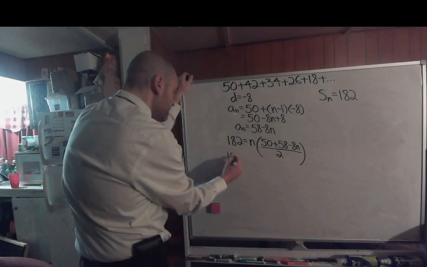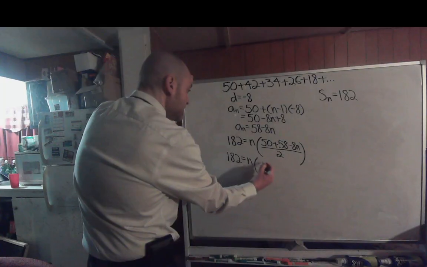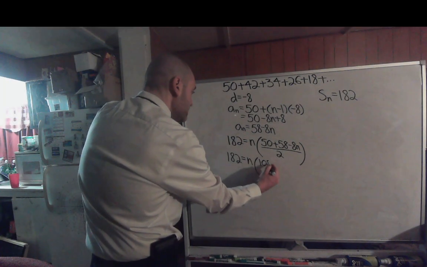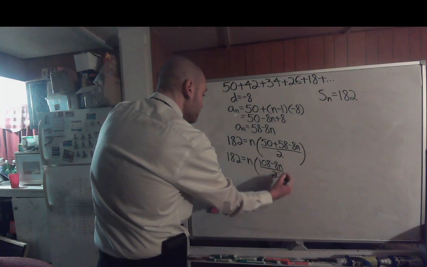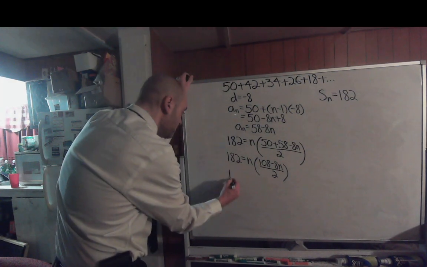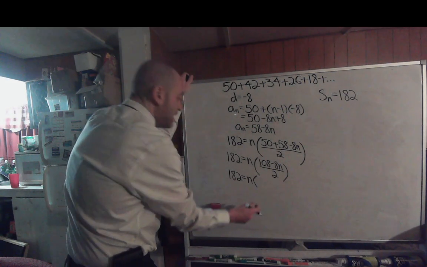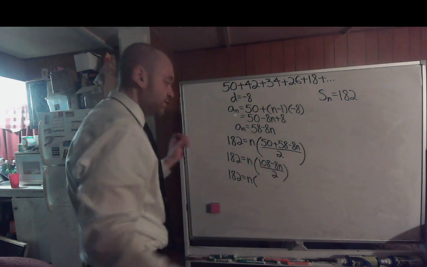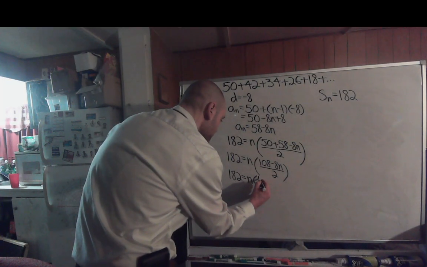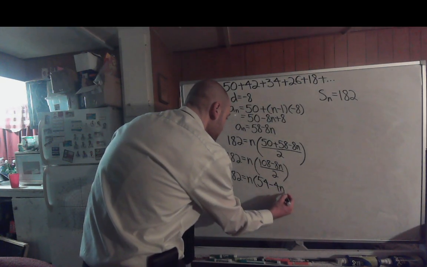Well, this means 182 would equal n times 108 minus 8n divided by 2. So 182 would equal n now times this quantity here, both terms of the numerator divide by 2, so this would become 54 minus 4n.